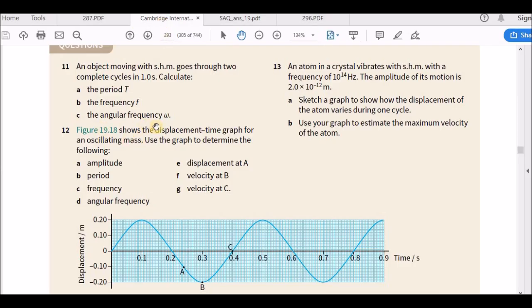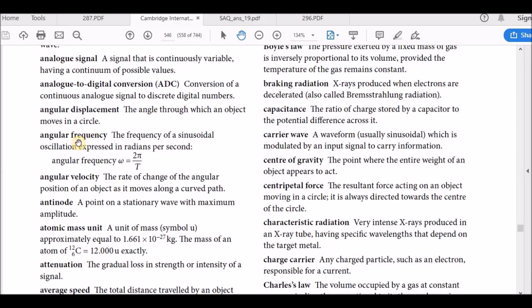Okay, the angular frequency. Now don't confuse this with frequency. In the glossary of your book, the meanings of these words are given. The angular frequency word previously was in green bold letters, so that means you have to know the meaning of it. The glossary gives angular frequency as the frequency of a sinusoidal oscillation expressed in radians per second.